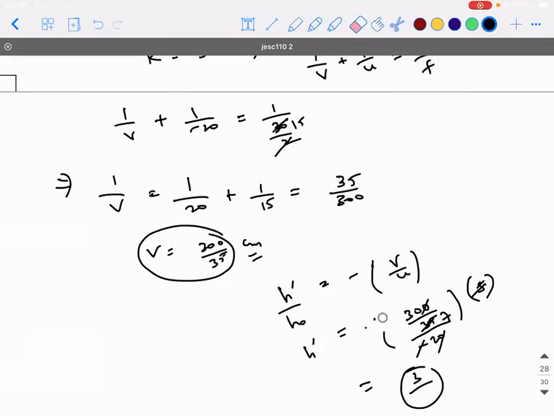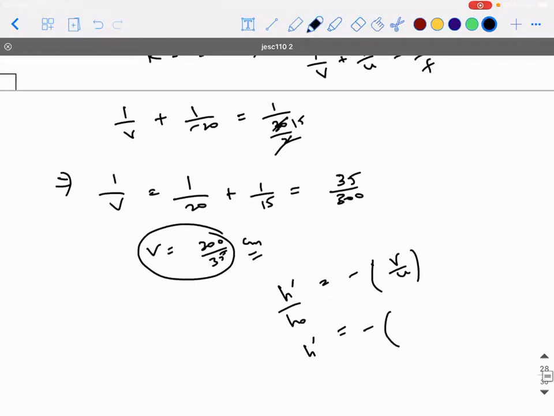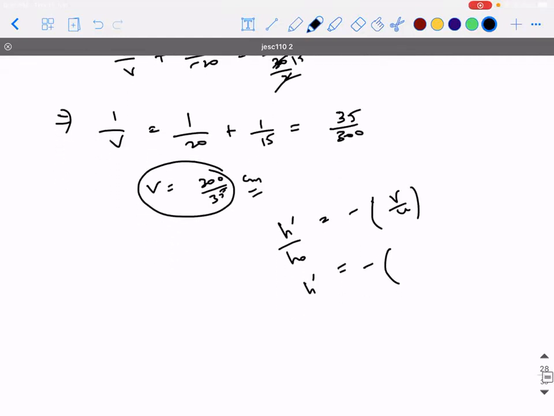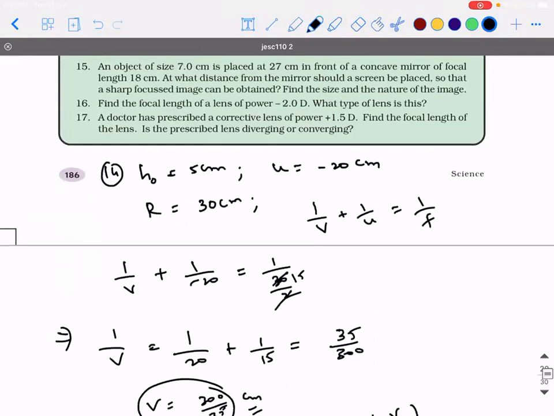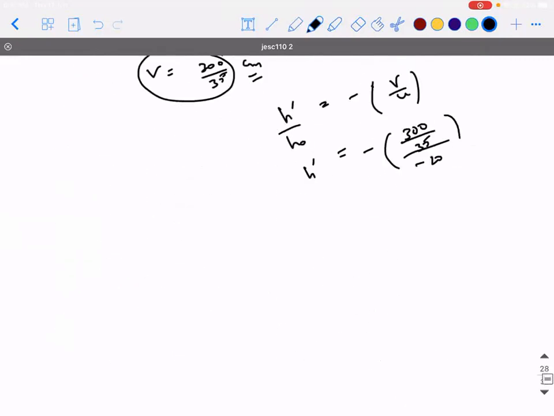Wait. H dash divided by H naught is equal to minus V by U. So here you have a minus. V is how much? This 300 divided by 35, divided by U, which is minus 20 into 5 plus 4. This will go 4 times. Oh, sorry. There's height of the image. No, sorry.